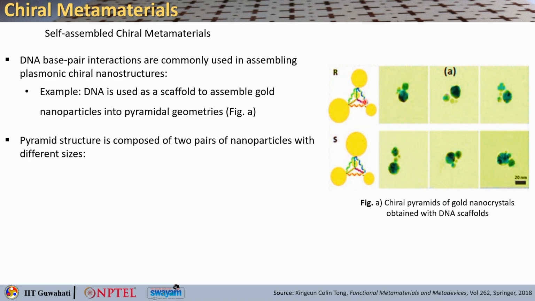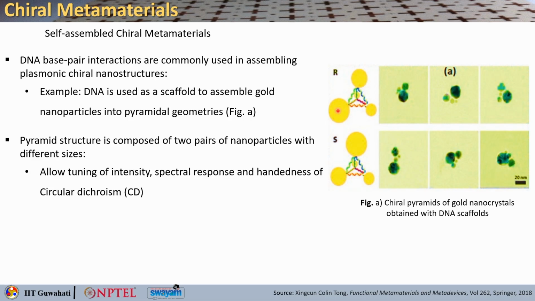Okay. So, this pyramid structure is basically composed of two pairs of nanoparticles with different size, okay, as you can see, that allows tuning of intensity, the spectral response and handedness of the circular dichroism.